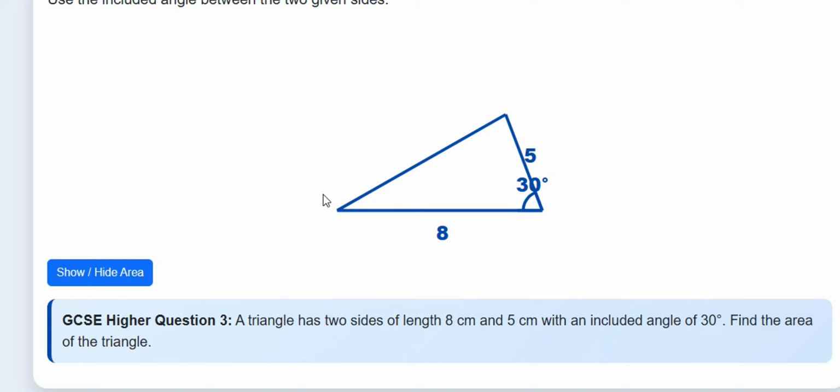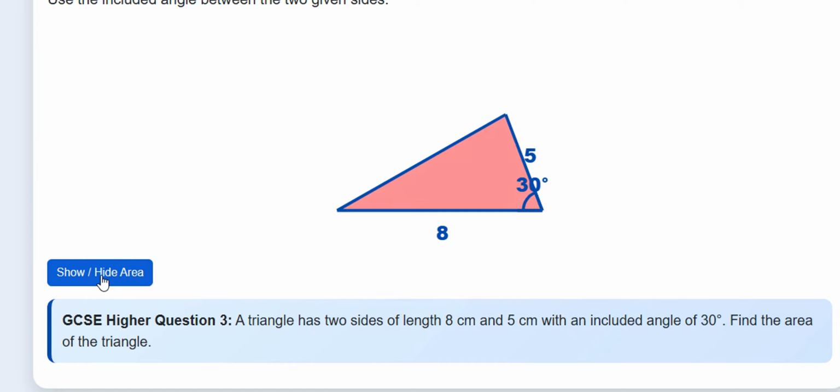Let us try the last example, where you are told a triangle has two sides of length 8 and 5 centimeters with an included angle of 30 degrees. Find the area of the triangle. So, of course, the area is the region enclosed by the sides of that triangle.